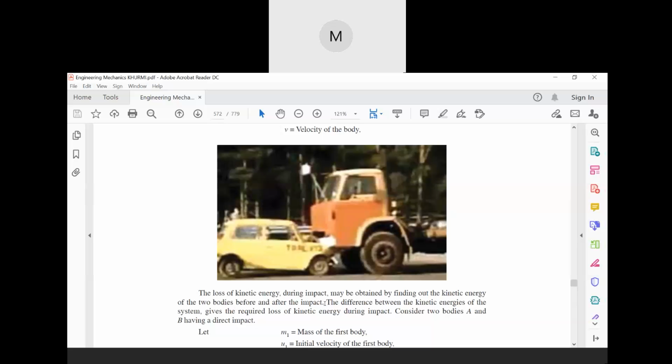This is found out by comparing the kinetic energy of the two bodies before and after the impact. So the difference between these two gives the loss of kinetic energy during the impact.